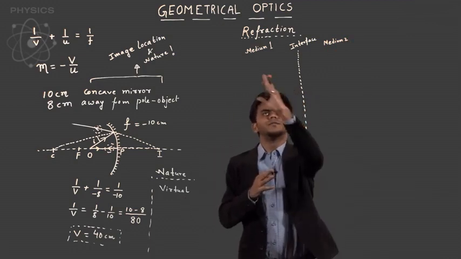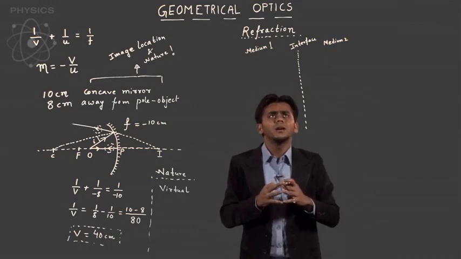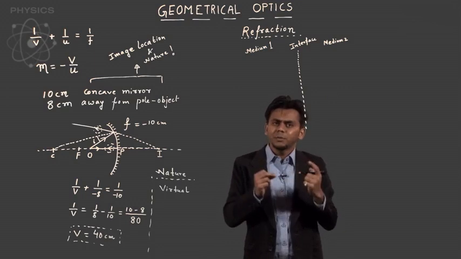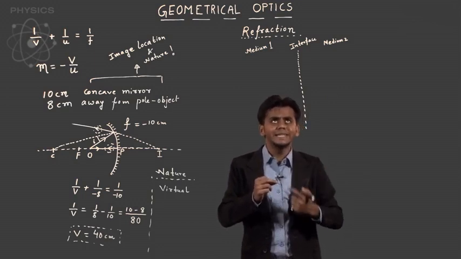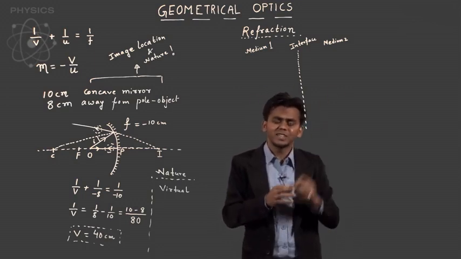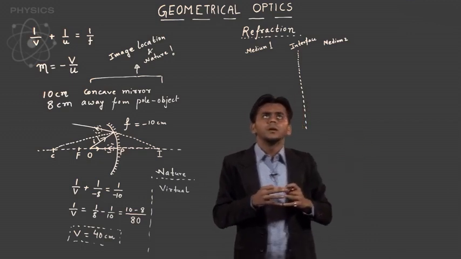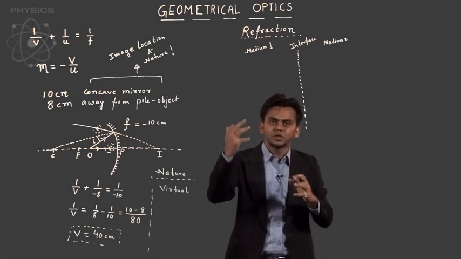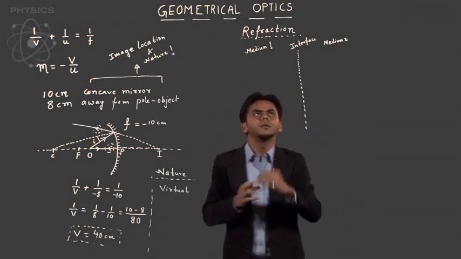Obviously, if these two are different media, my speed of light would be different in both the media, and that would be dependent on the refractive indices of these two media with respect to vacuum. But let's keep that thought on hold and proceed with the idea of refraction. We'll come to that sometime later.